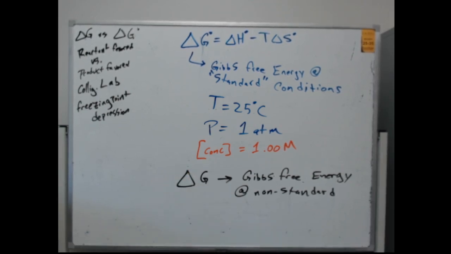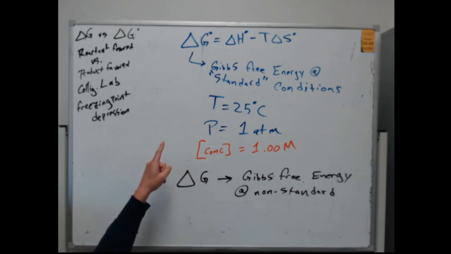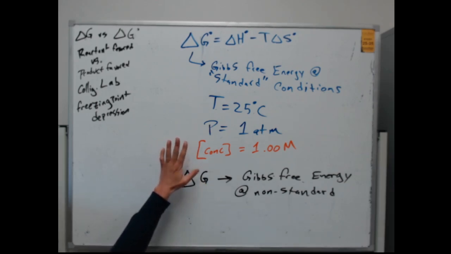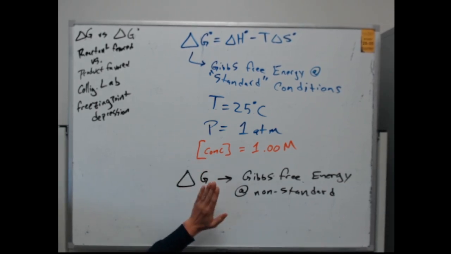Up to now, I've said delta G can be spontaneous or non-spontaneous, product favored or reactant favored, and we've used those kind of interchangeably. But we're going to start to be a lot more careful with that when we start talking about delta G naught being product favored or reactant favored from standard conditions versus spontaneous or non-spontaneous, which is mostly in the physics world.